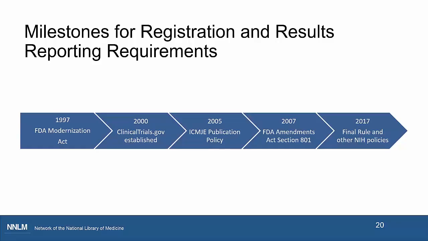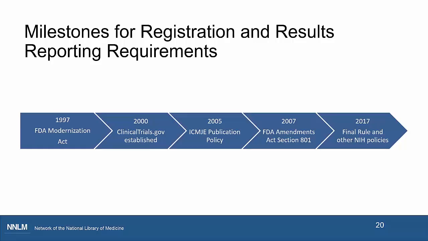And in 2017, several additional regulations and policies went into effect. One was the final rule for clinical trial registration and results information submission, which further clarified and expanded what needed to be submitted under FDAAA 801. And we're going to look at the final rule in a bit more detail in just a moment.